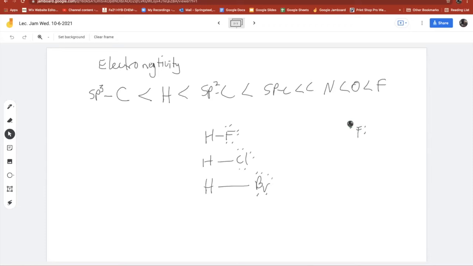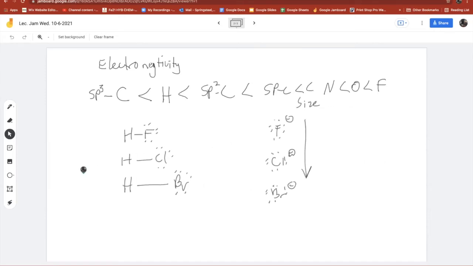Size increases down, right? And then stability. Which is the more stable conjugate base? Stability increases down too. So this is the most stable, weakest base.